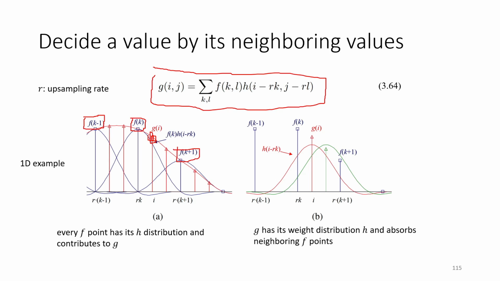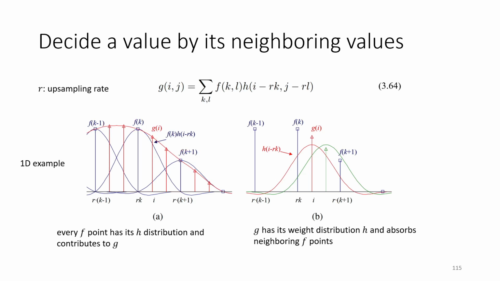First, every F point has its own value, and they will contribute to the G value with certain weights. The weight is decided by the H function. You can see there are many curves here.